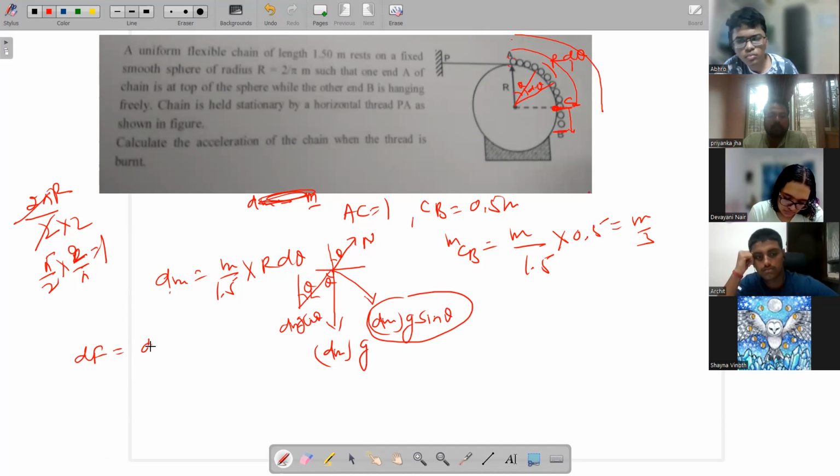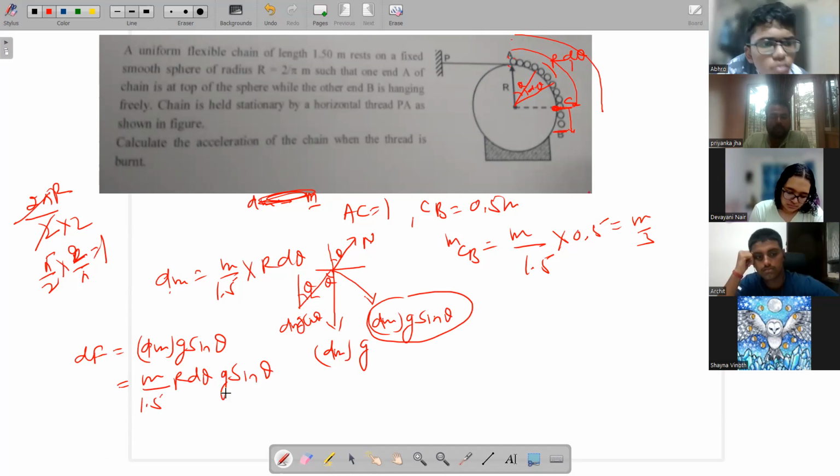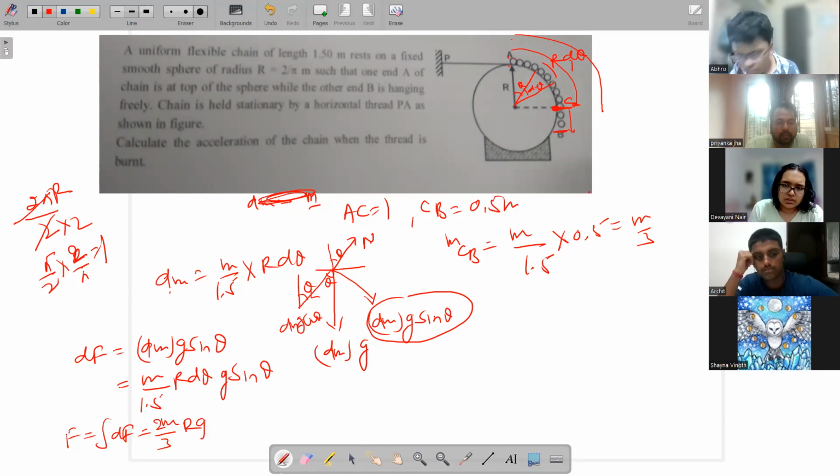That is df equal to dmg sine theta. dm is m upon 1.5 into r d theta into g into sine theta. Calculate the total force, that is integration df, right? And m will come out. This is 3 by 2, so 2 m by 3 r g integration sine theta d theta.